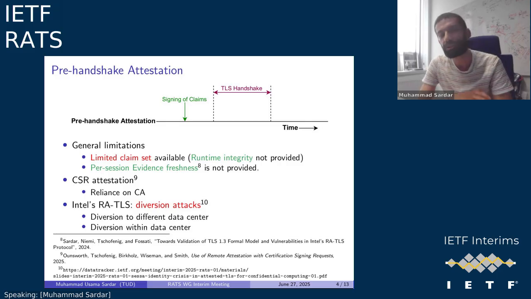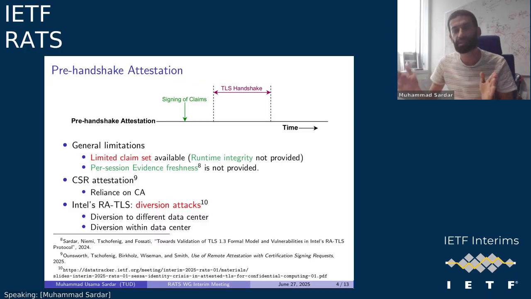Now I will talk about each of those solutions, pre, intra, and post, and describe the limitations, or the gaps, in each of them. As a recap, the signatures happen before the TLS handshake protocol starts. So you already have evidence even before starting that handshake, and obviously it can be replayed across any number of sessions that the attester has.